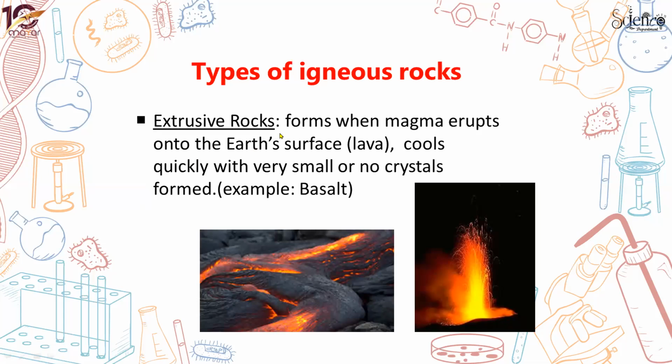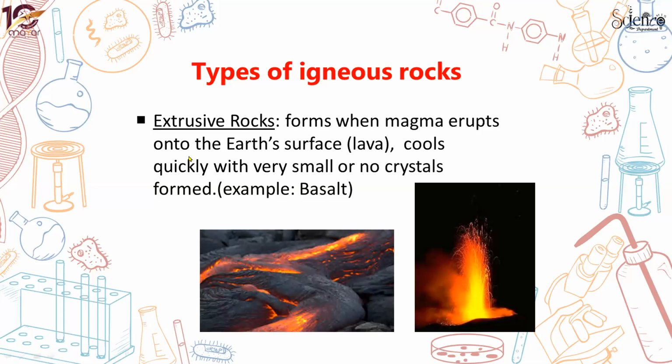So in extrusive rocks, the magma erupts onto the surface, which we now call lava, as you can see in this picture. Because it's on the surface, the cooling is going to happen very quickly. So again, there's no time for atoms to form crystals. Usually in extrusive igneous rocks, we have very small crystals or no crystals at all. An example of that is basalt, okay?